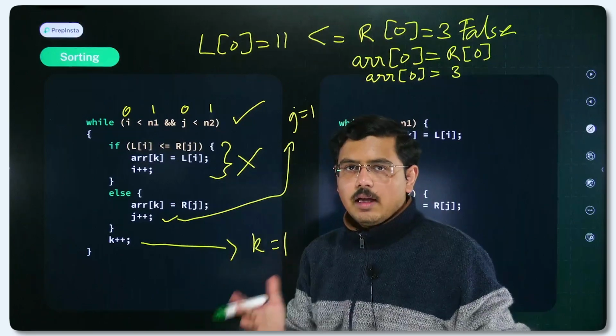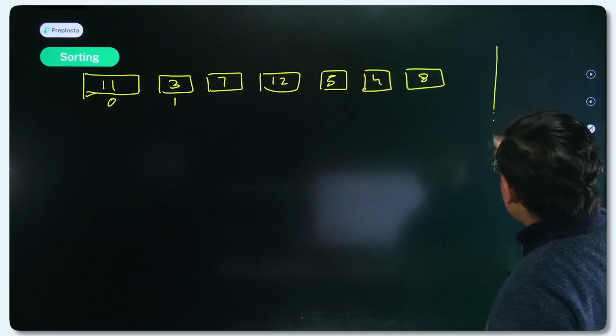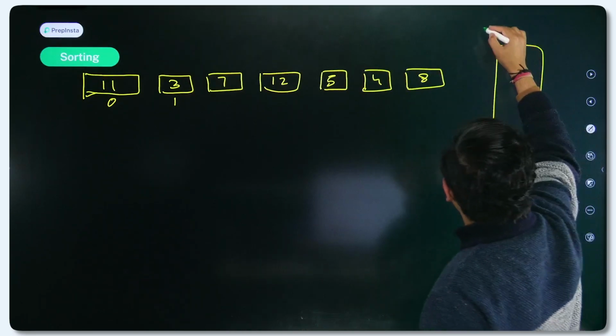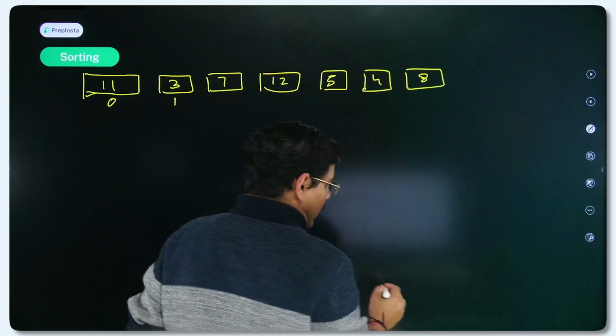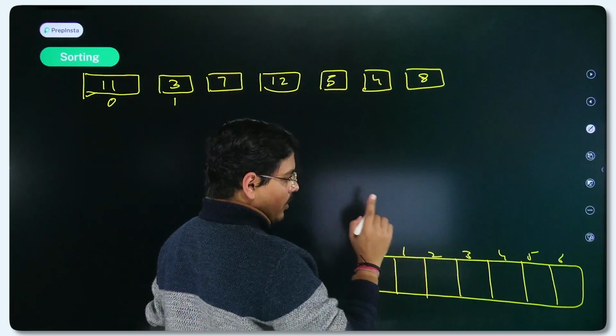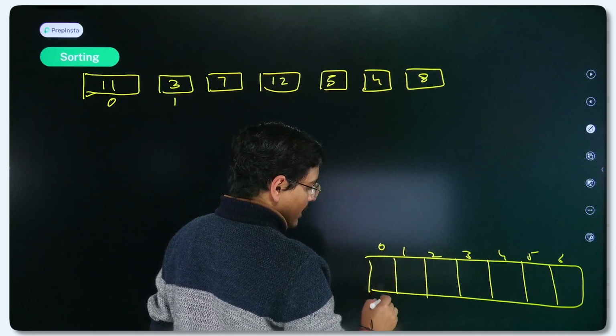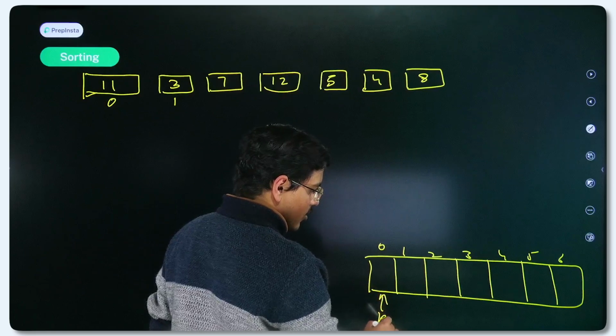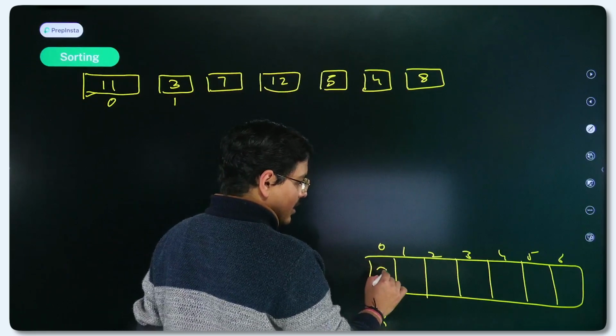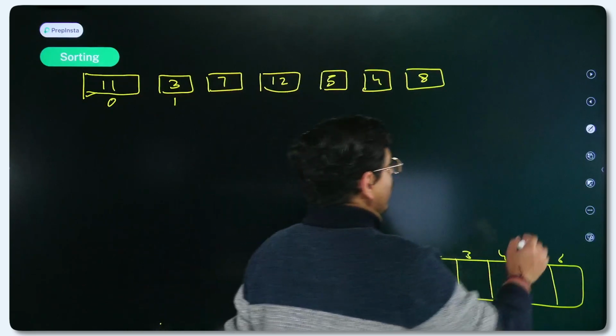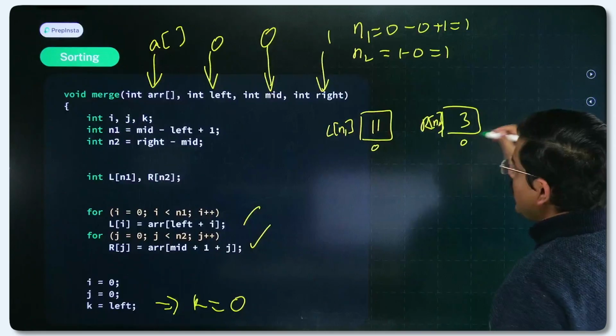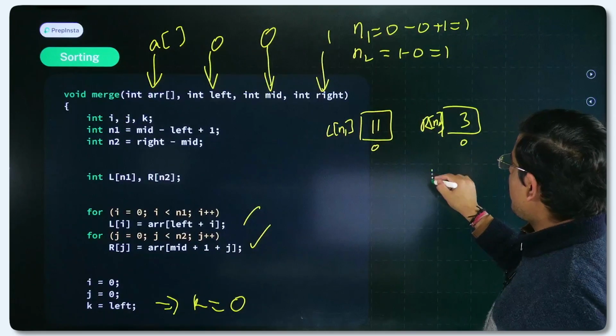So what is happening here? Let me tell you. Now let's say this is the merged array, okay? I'll have a merged array here. If you remember correctly, K was pointing here at the 0th index. At this place you filled with 3. Why so? Because 3 was R of 0.